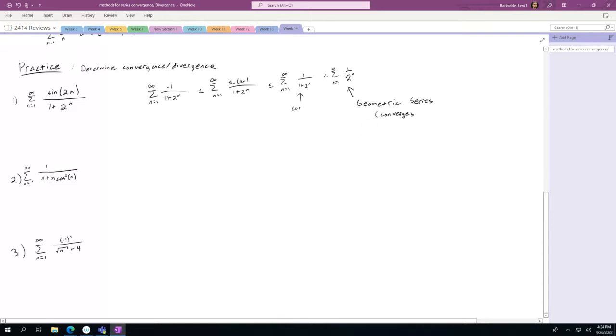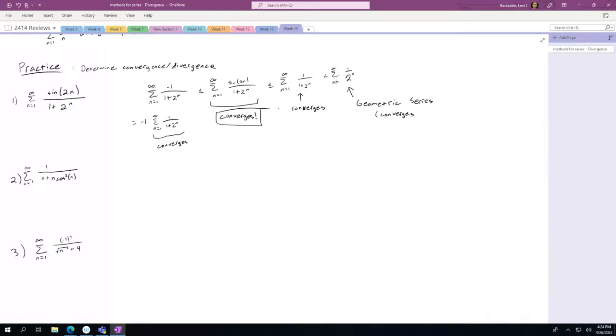So then this one converges as well. And since this one is just negative this one, then this one should converge as well, right? Mm-hmm. Which means that the one in the middle must converge, right? Hooray! All right, what did you do for the second one?